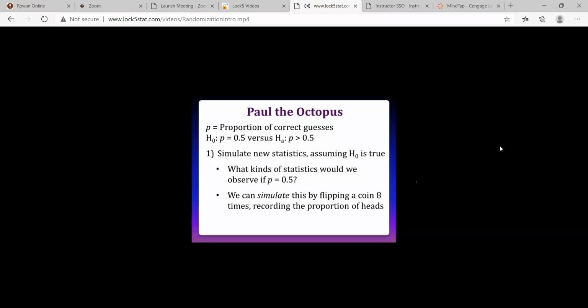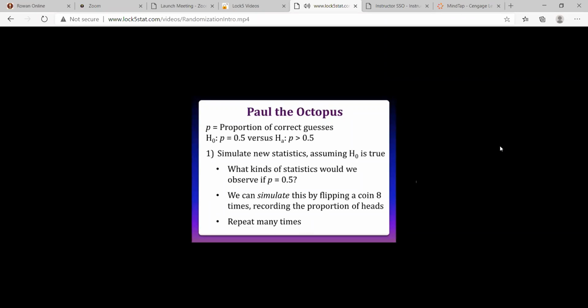In other words, we can simulate a new statistic by flipping a coin 8 times, because the sample size is 8, and recording the proportion of heads, or equivalently the proportion of correct guesses. And if we repeat this process many times, we come up with a distribution of new statistics, assuming the null hypothesis is true. Of course, if we want to repeat this many times, we're not going to sit there flipping coins over and over again. We're going to turn to technology.